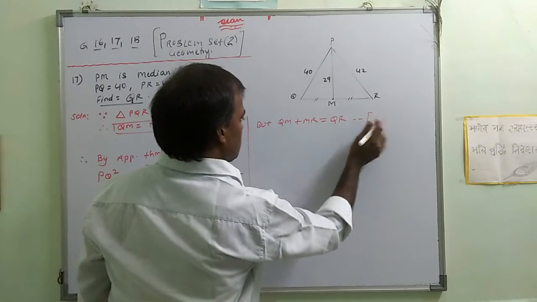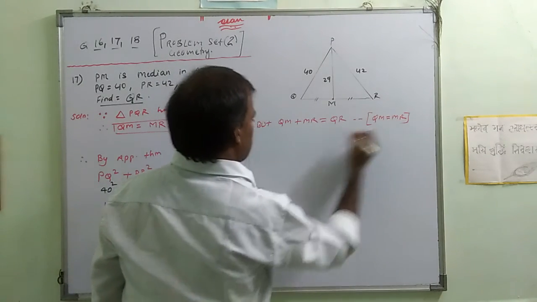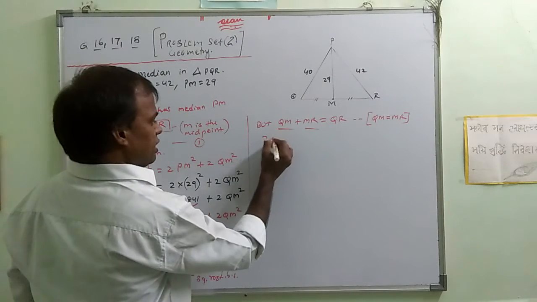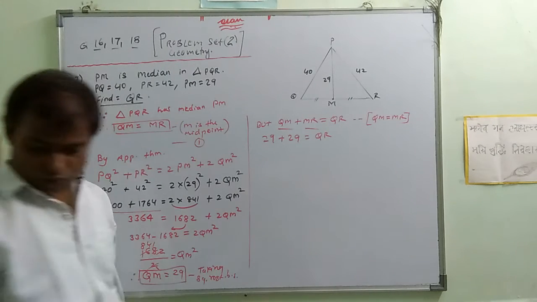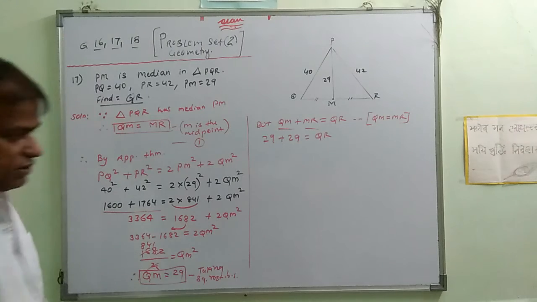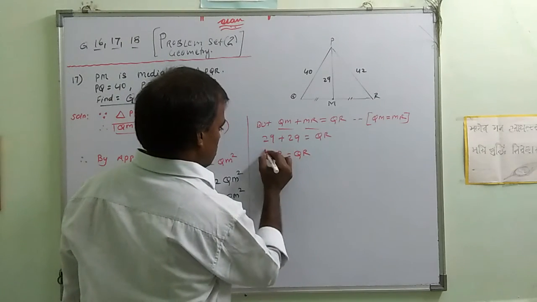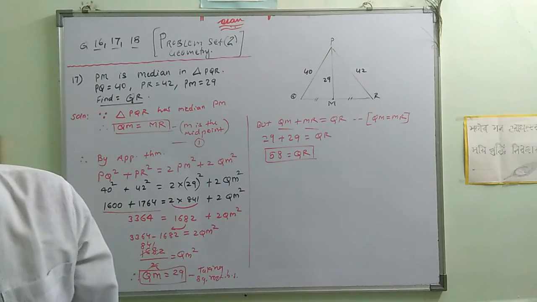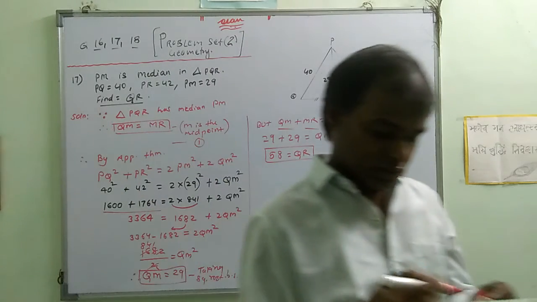You can put a reason here: QM equals MR. So 29 plus 29 equals QR. Then we get 58. Given centimeter, let me check. No, so it will be only 58. That's it.